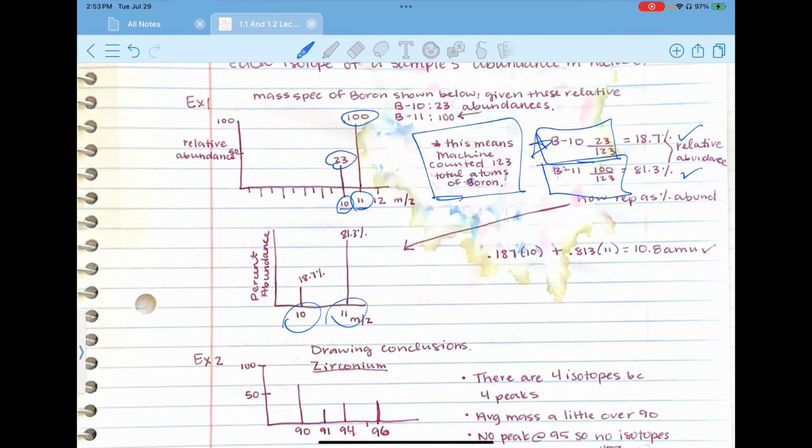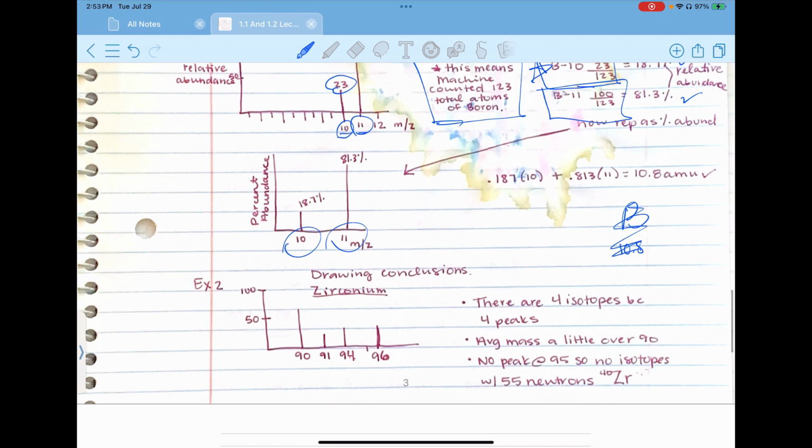And we're going to add it together, because we always add all of our individual answers together, to the 81.3% of boron 11. We get a total of 10.8 atomic mass units. If you were to look at your periodic table right now and look at boron, you're going to see that the average would be 10.8 AMU plus a few decimals there, but we like to round to 2.